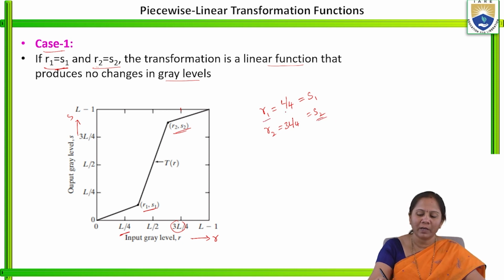So if R1 is equal to S1 and R2 is equal to S2, the graph will be a linear function.